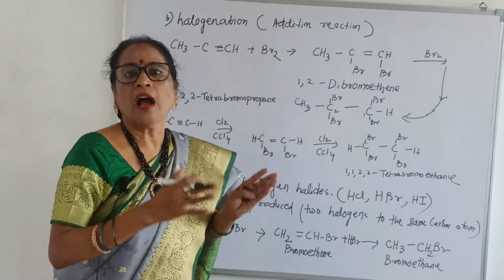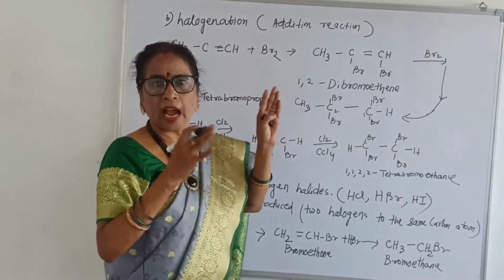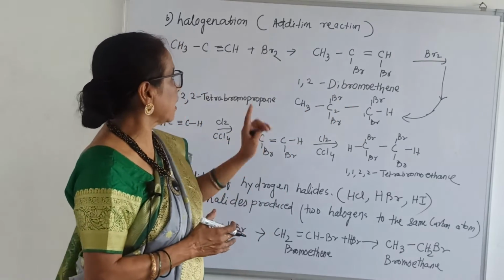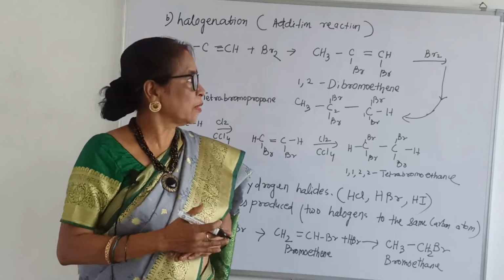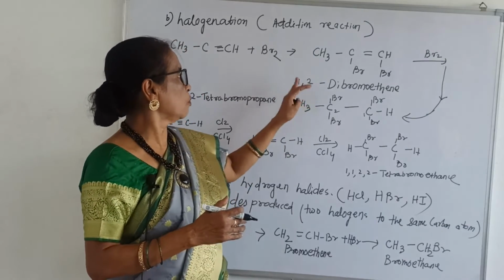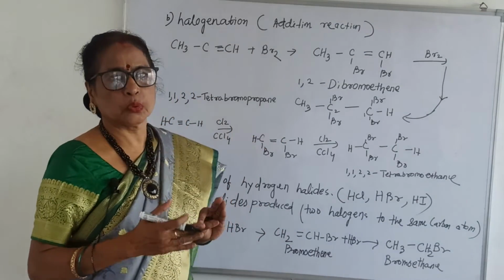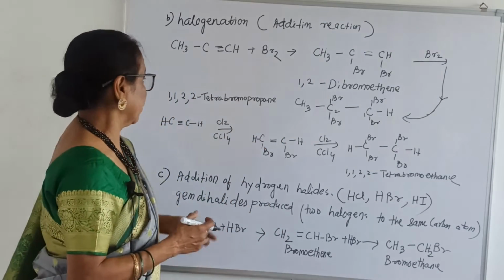Ethene is the main hydrocarbon, where at one position one bromine is attached and at the second position one bromine is attached. So it is called 1,2-dibromoethene, and this is called 1,1,2,2-tetrabromoethane.